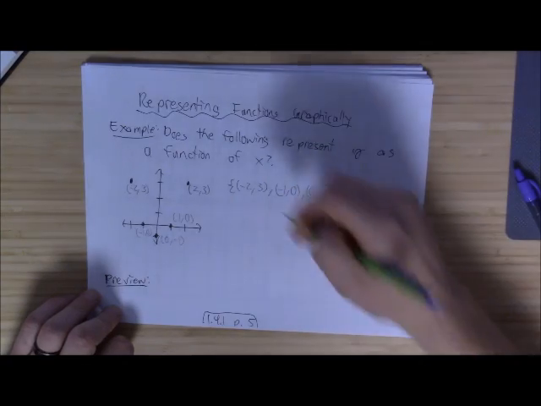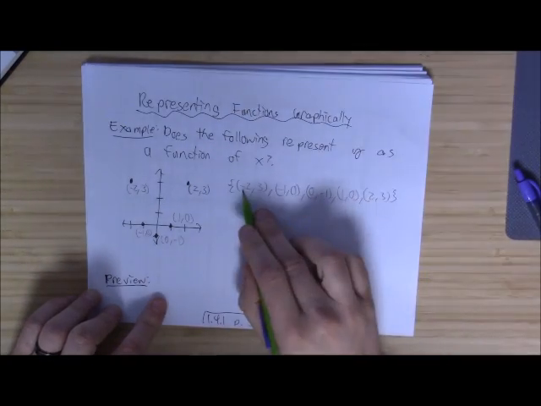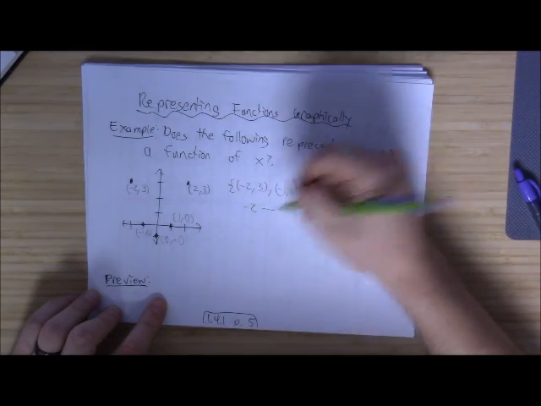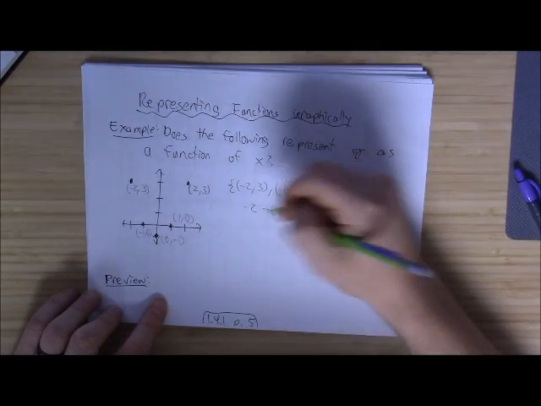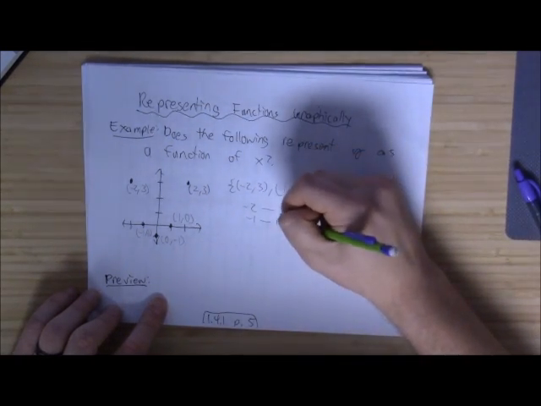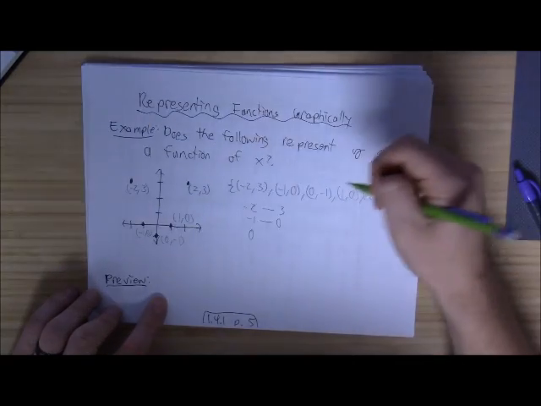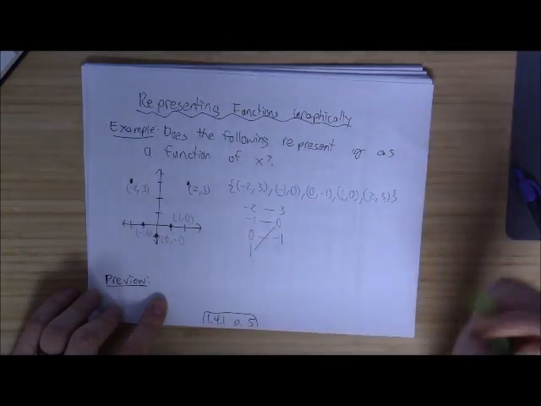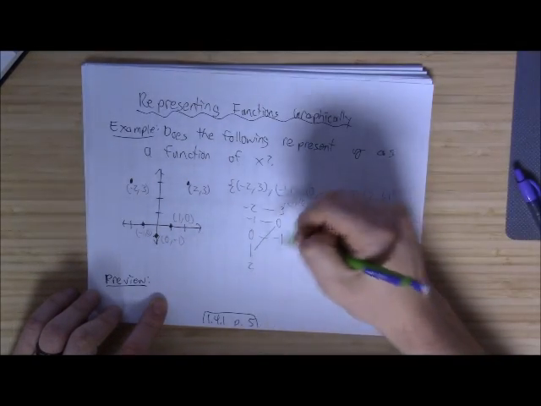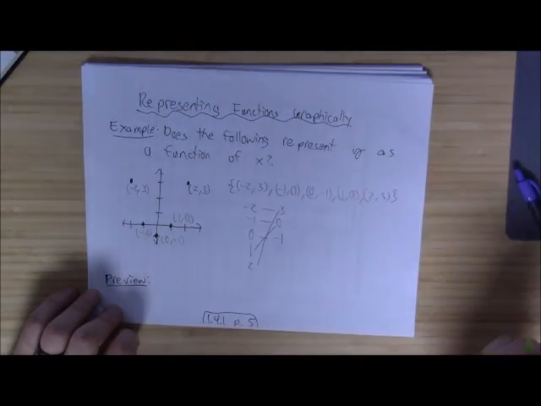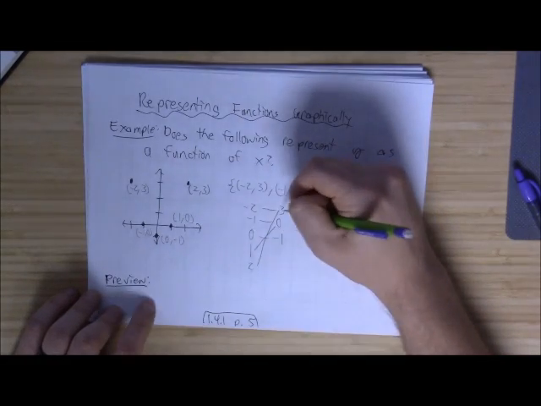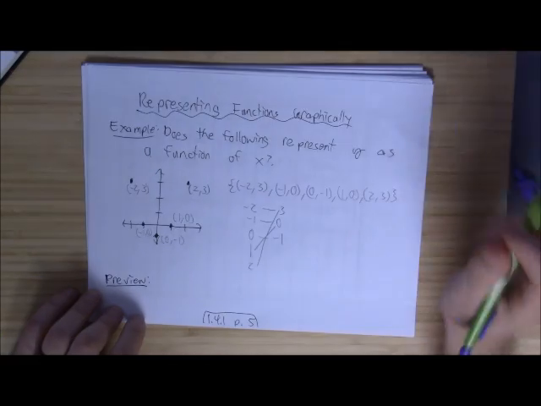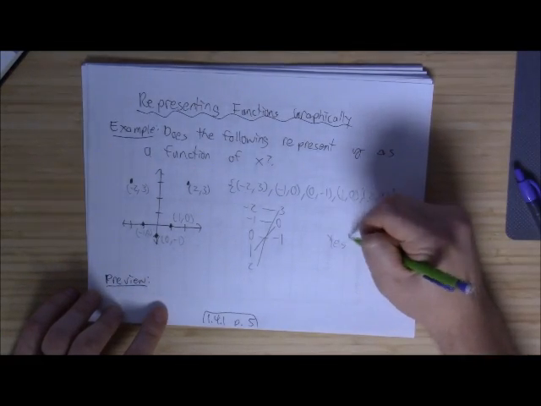And what we notice here is all of these, -2 only has the output 3, so in a sense, -2 only goes to 3. -1 only goes to 0. 0 only goes to -1. 1 goes back to 0, but that's okay. And 2 goes to 3, which is also still okay because you can have the same output for different inputs. You just can't have different outputs for the same input. So, yes.